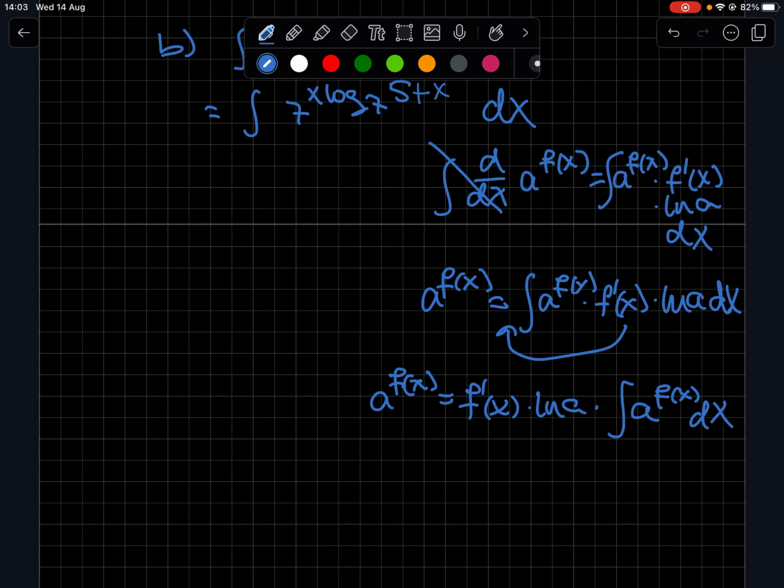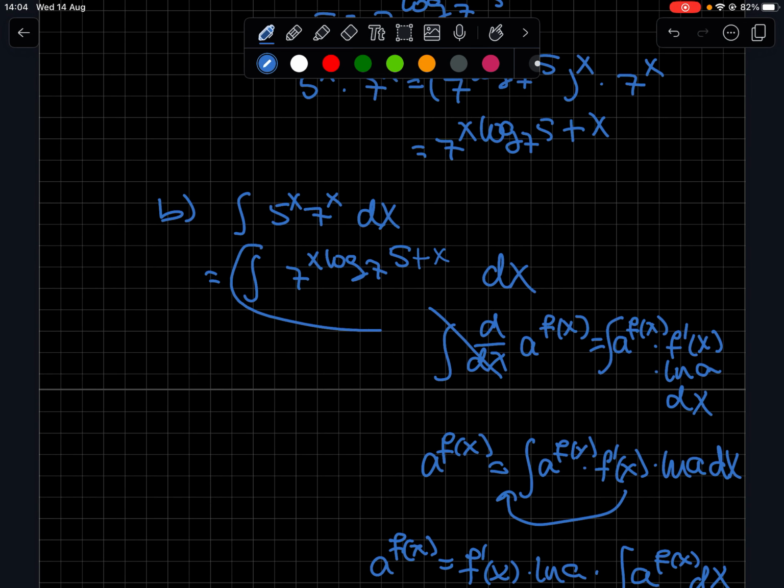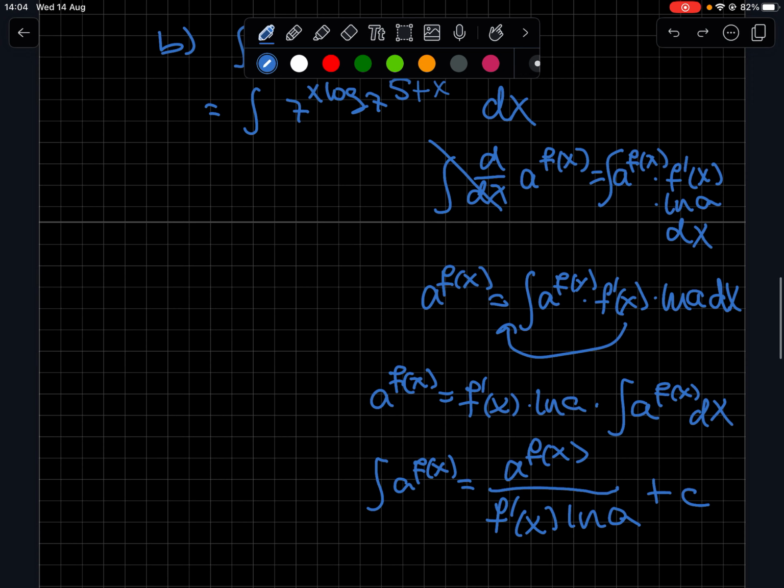And then we can divide both sides by this. So we get the integral of a to the power of f of x equals a to the power of f of x over f dashed of x times the ln of a, and we should add a plus c. So we can apply this on our integral over here.